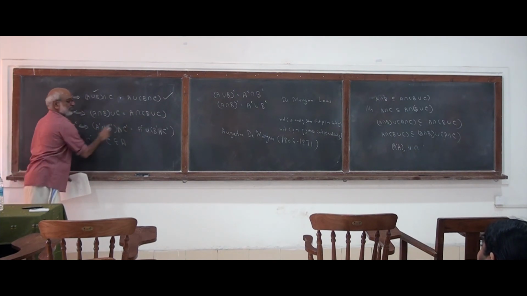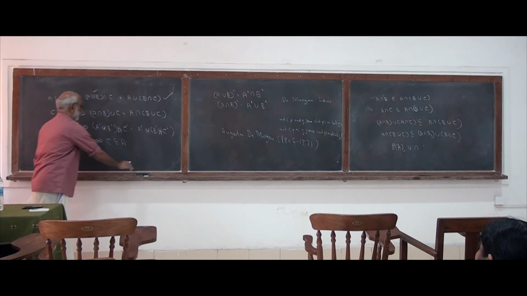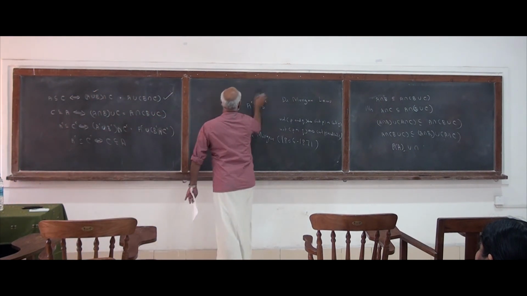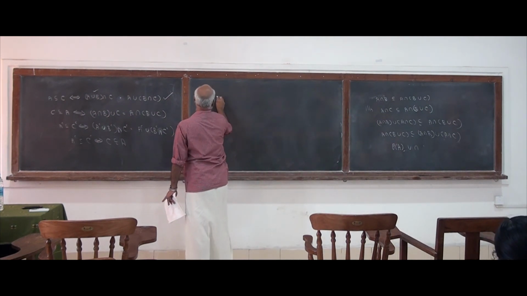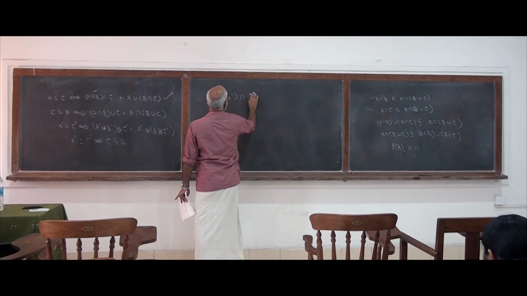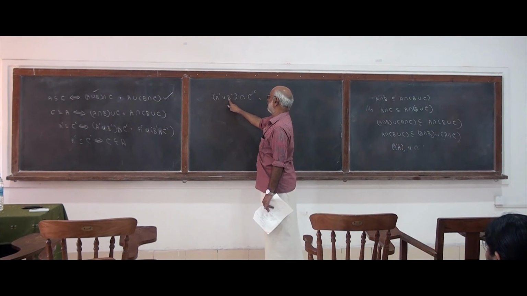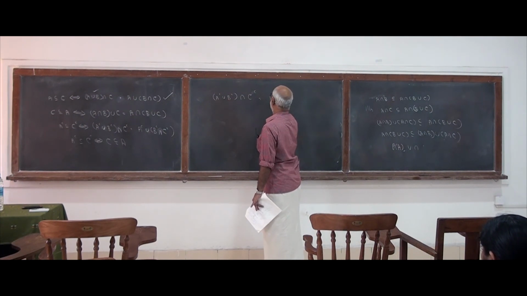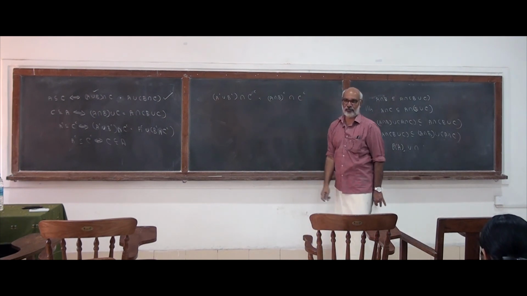And what about this equation? You can also rewrite that equation. This A complement union B complement intersection C complement can be written as, first here apply De Morgan law. What is A complement union B complement? That is A intersection B, the complement of that, intersected with C complement.